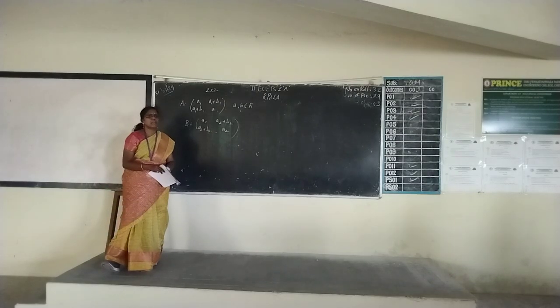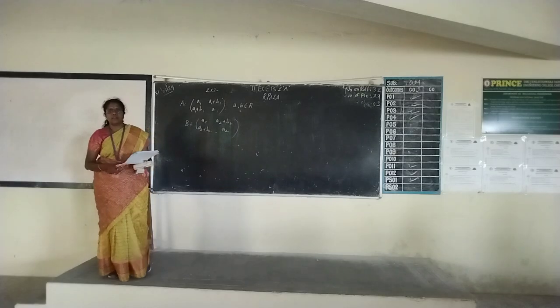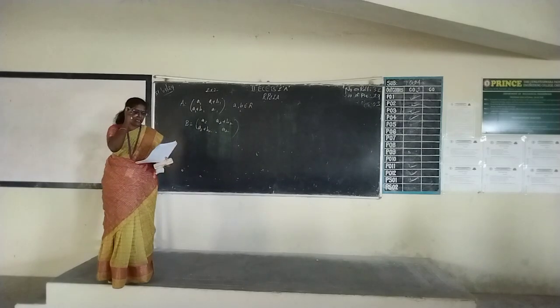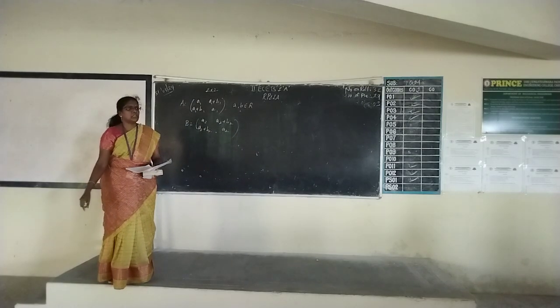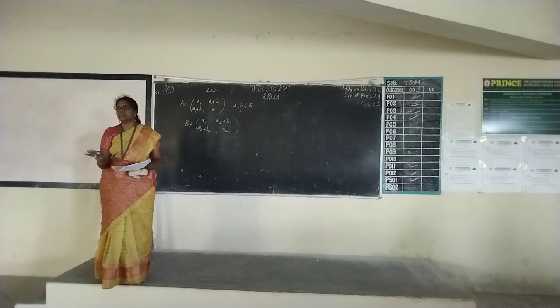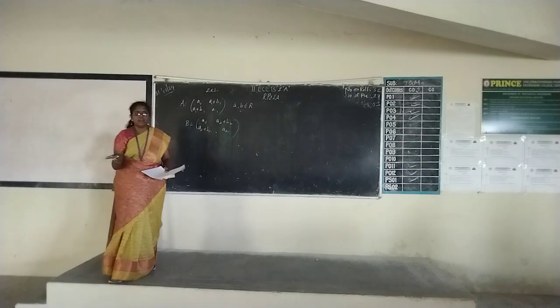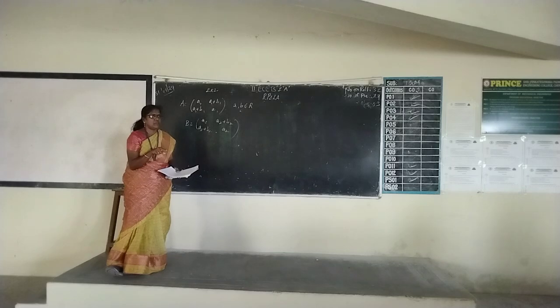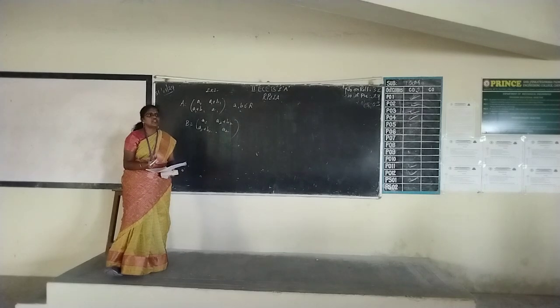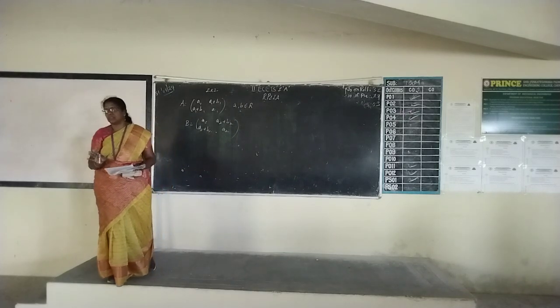See the statement: standard matrix addition and scalar multiplication. Normal addition of matrices and multiplication. No specified operations are given. In the first problem, a specified operation was given. Here it is normal addition and multiplication of the matrices.